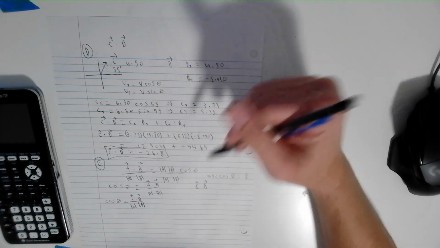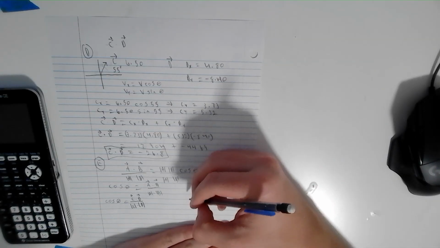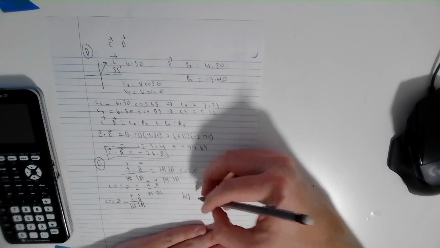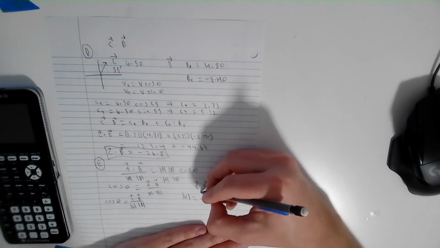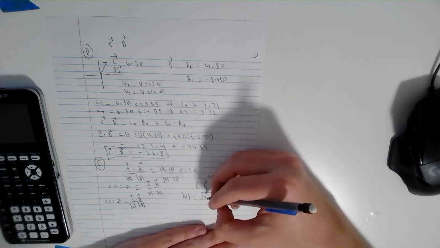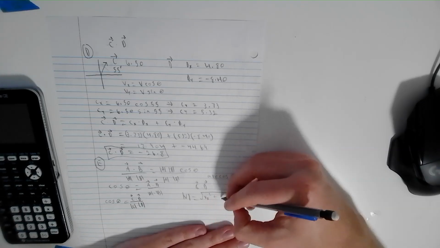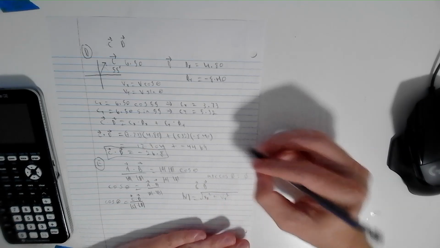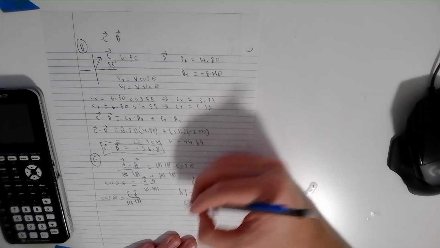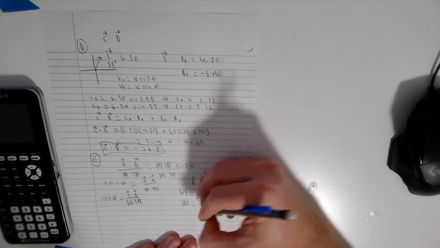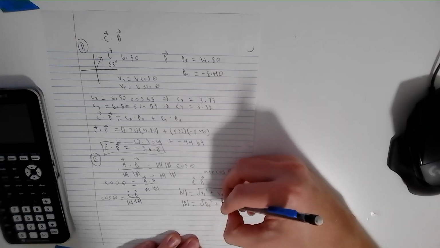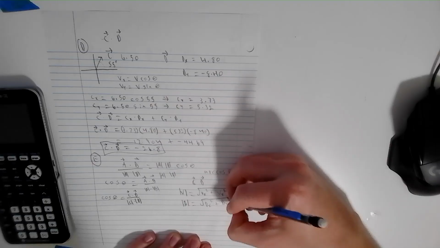That's another formula. The formula to find the magnitude of a vector equals the square root of component of vector x squared plus component of vector y squared. And that's how you find that. So the magnitude of D equals the square root of D of x squared plus D of y squared.